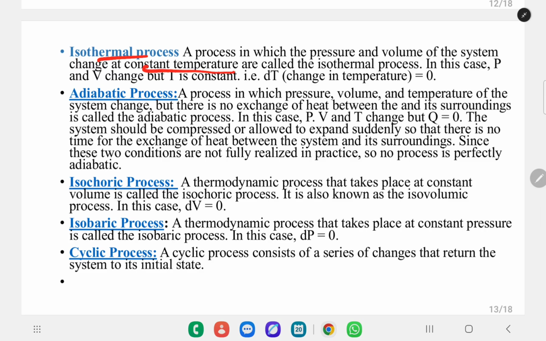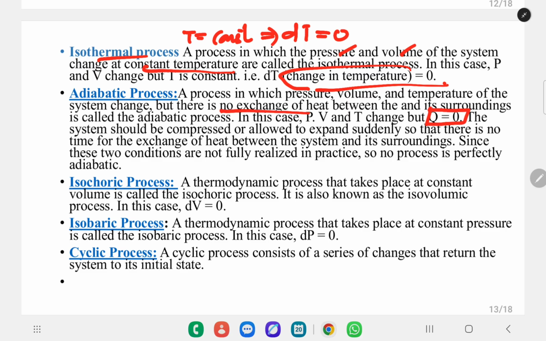Isothermal means constant temperature. The process takes place at constant temperature, but pressure and volume can change. T is constant, so the change in temperature dT becomes 0. In adiabatic, Q is equal to 0.